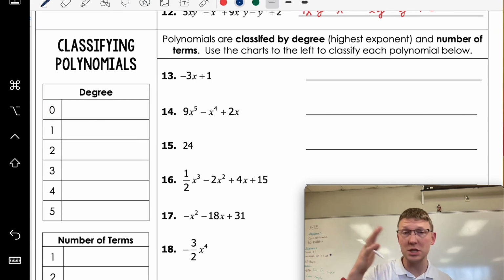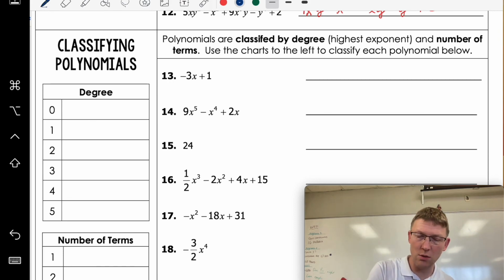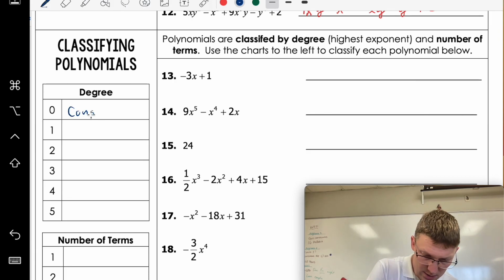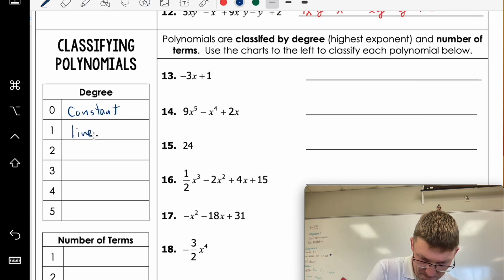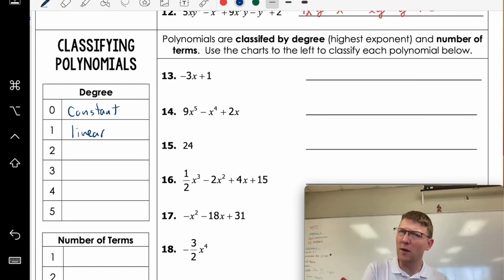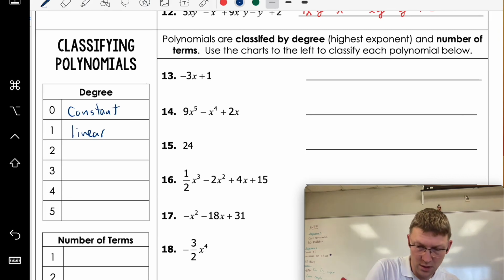So there's different words that go along with it. So let's say you don't have an x, or a 0 degree. We're going to call that a constant. So that would be like y equals 3. 1x would be linear, which makes sense. If you have y equals 1x plus a number, that's just a line.